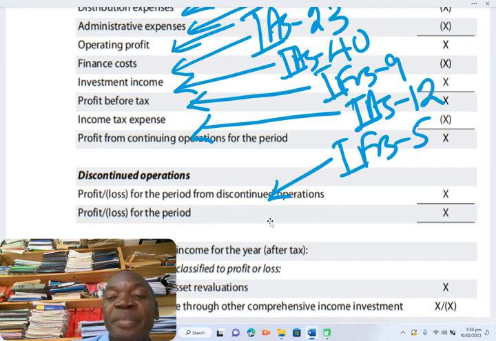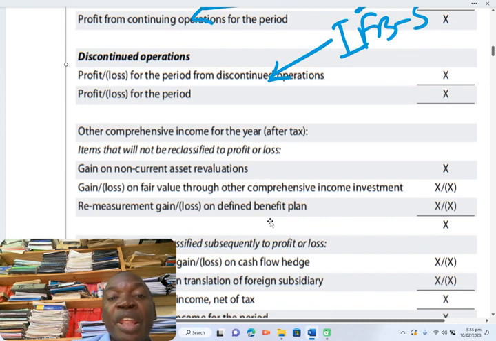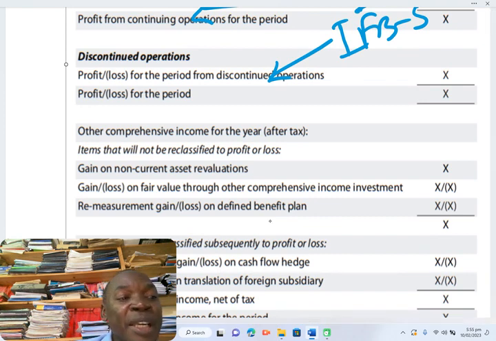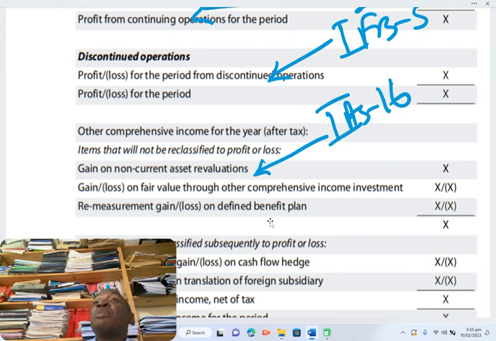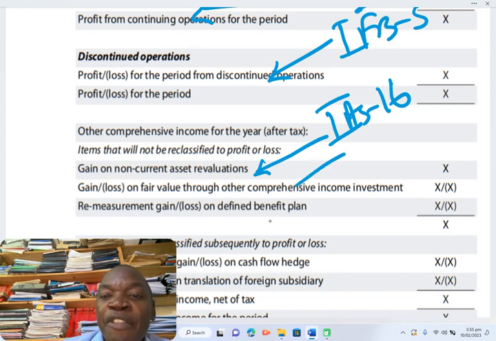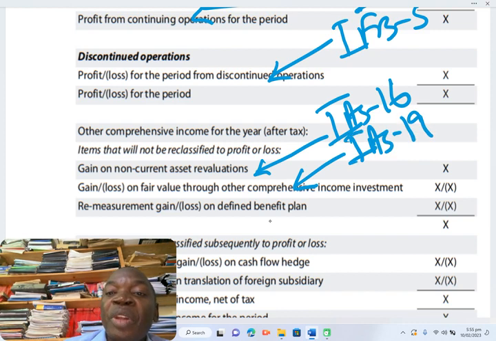Am I clear? Now going to the OCI itself. The items that are classified in OCI include revaluation. This is with IAS number 16, if you are using the revaluation model in PPE. Or, for example, we have IAS 19, bonds held for employee benefit.